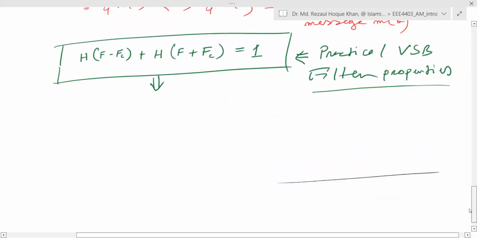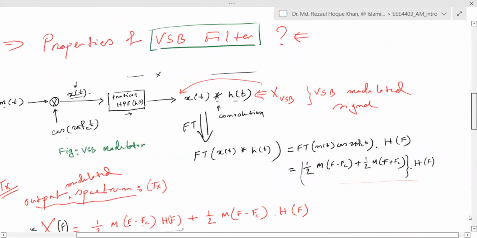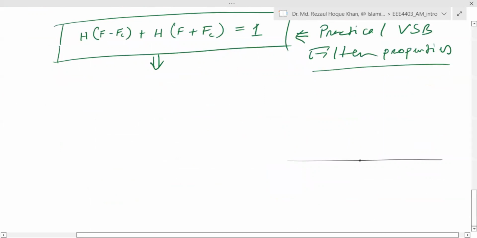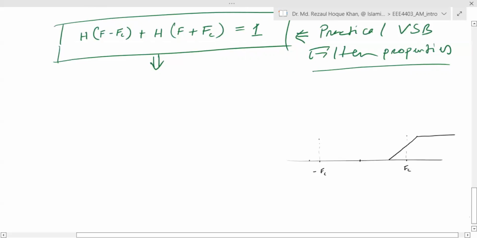So this was the center, this was our FC, this was minus FC. So here, our filter response becomes like this, isn't it? Like this.